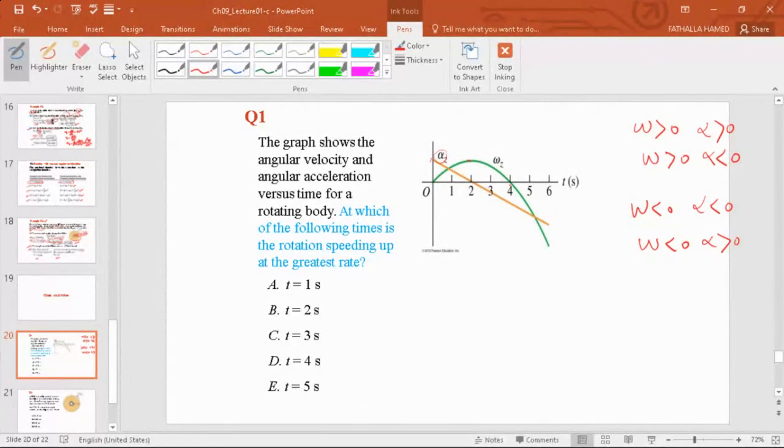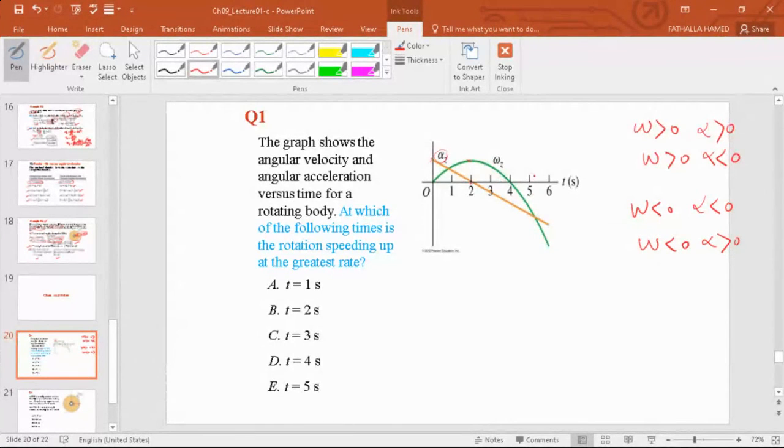But your alpha, up to this point here, is negative, and then basically it starts going in the negative direction. So at 4 here, or before 4, omega is positive, but your alpha is negative.